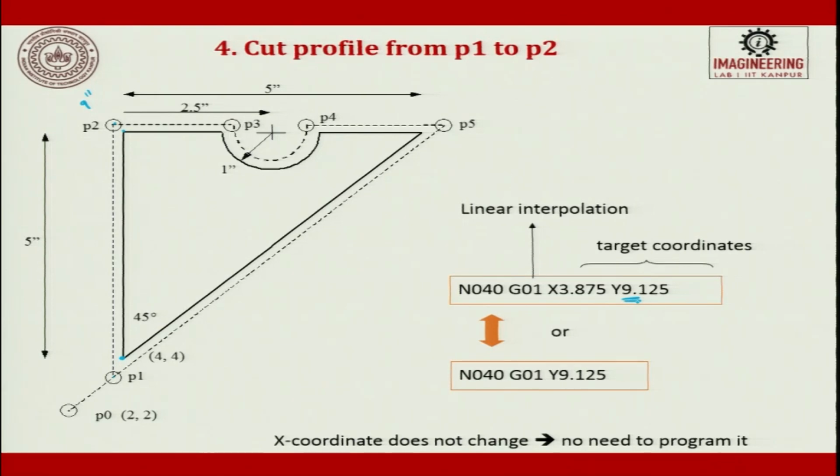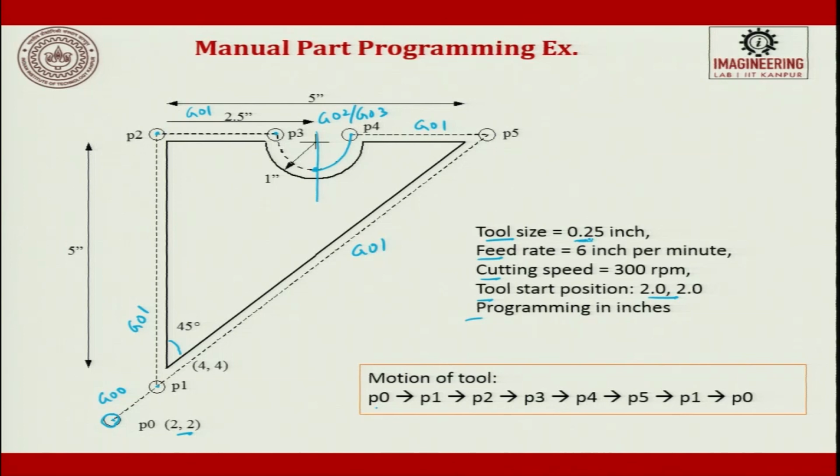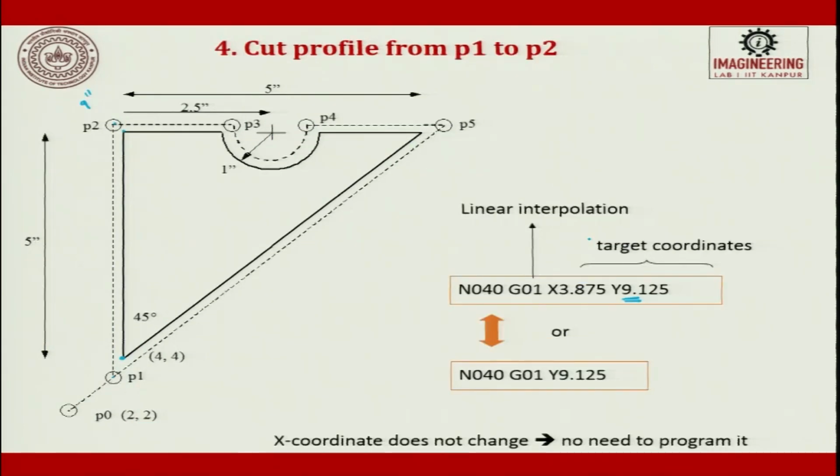Because the diameter of the cutter is 0.25 inches, so half of it. Since there is no change in the x coordinate, I can directly write G01 and then Y9.125. The x value is assumed to be the same. The x coordinate does not change, so there is no need to change it in the program. We are following the absolute scale.